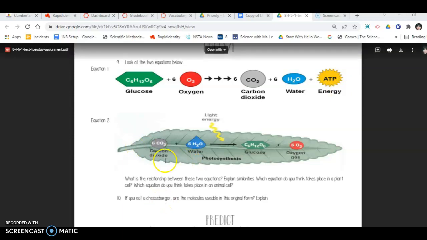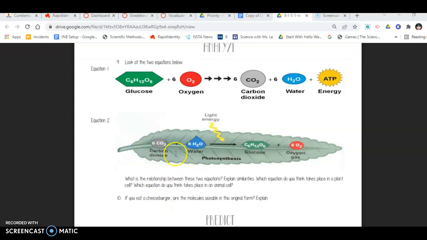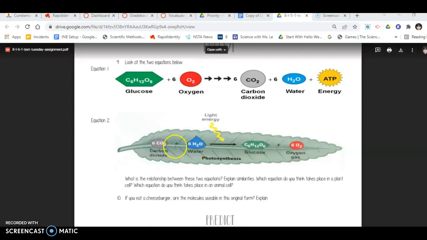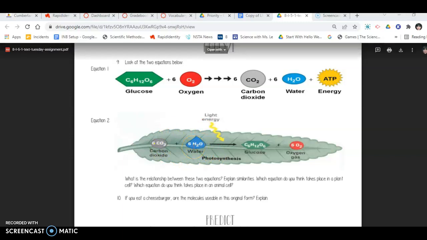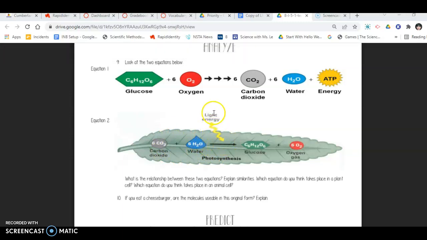Now look at this one. You start with carbon dioxide, which we know is a waste gas that we give plants. We also know that plants plus water, they need water, right? Yields, and notice we've got some light energy here, and yields means to produce as well.